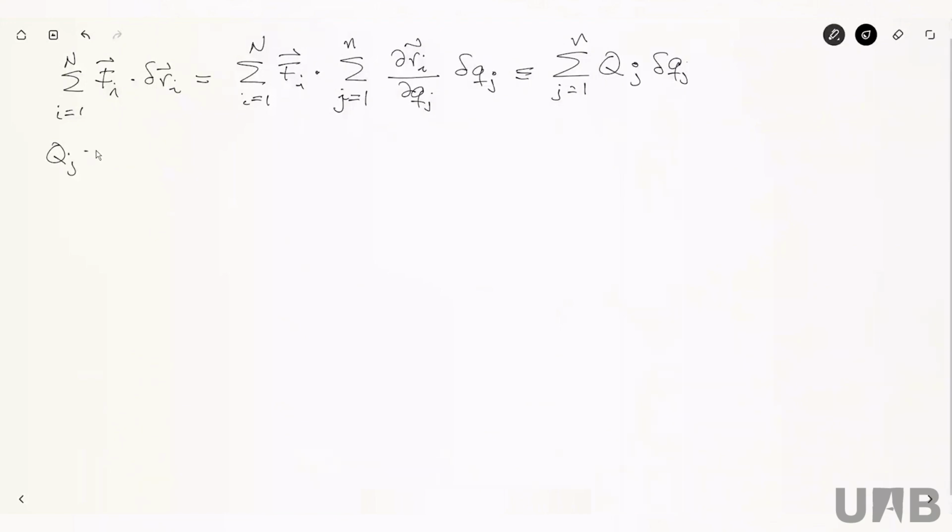And this capital Qj is, of course, the sum from i equals 1 up to n of all the external forces times the derivative of Ri with respect to Qj. And this is true for j equals 1 up to little n.